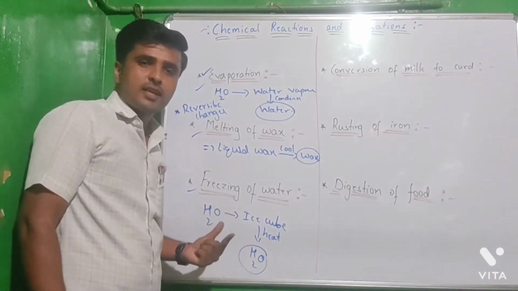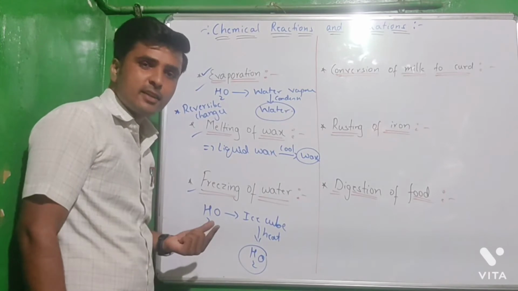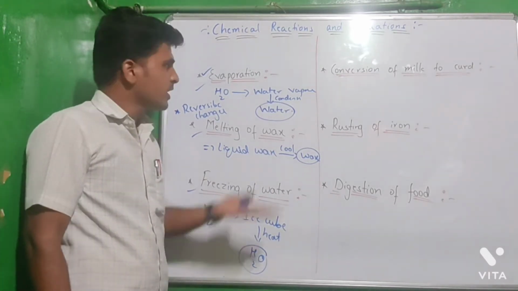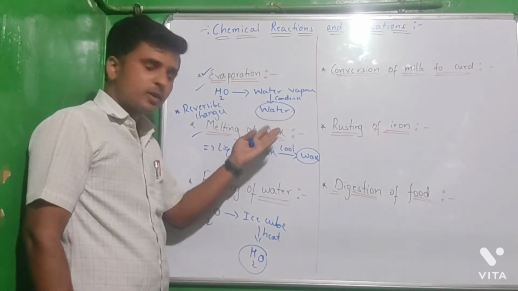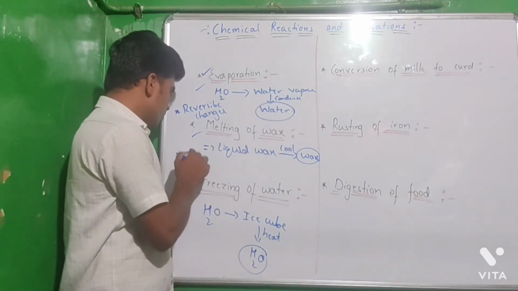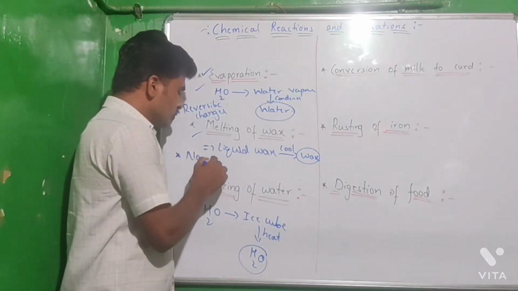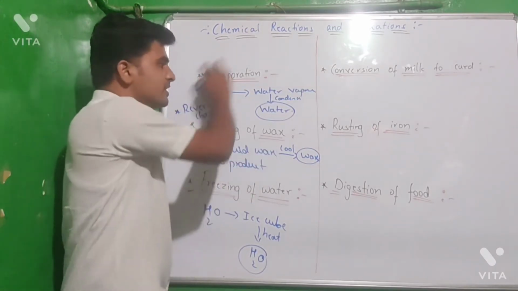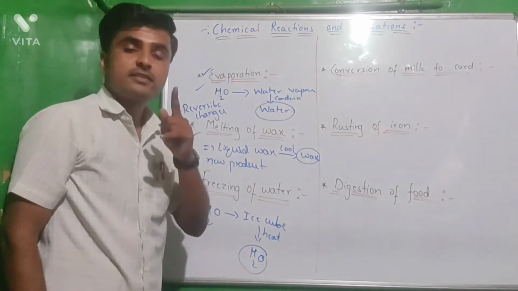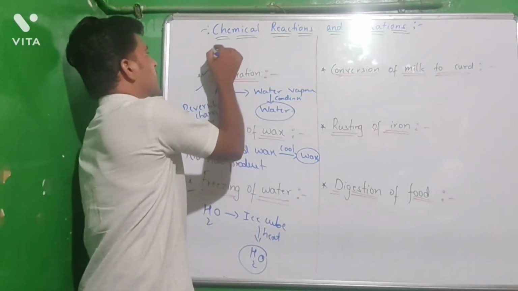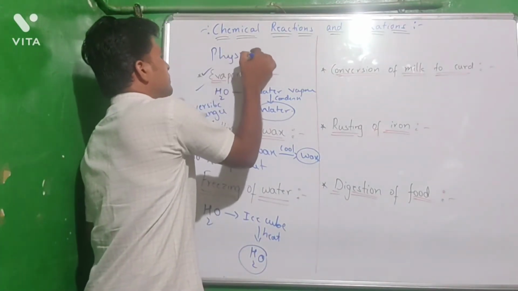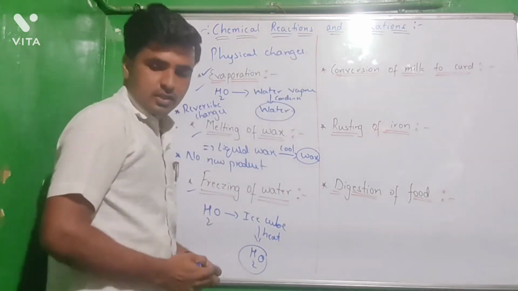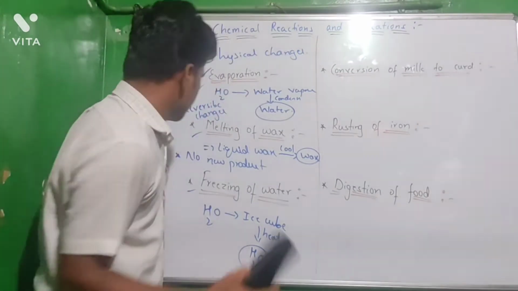So here there is no formation of a new product. Water is water. There is no formation of the new product in these changes. These types of changes are called the physical changes. What are physical changes?